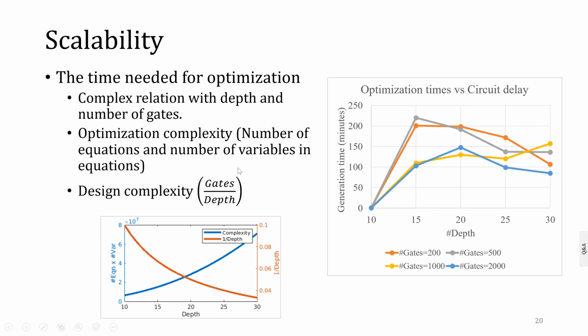One is the optimization complexity, which is directly related to the number of variables and equations, and it increases exponentially with the depth. Another is the design complexity, which is related to the number of gates per depth, and it decreases with the depth. For both of these curves, the resultant time looks like this.